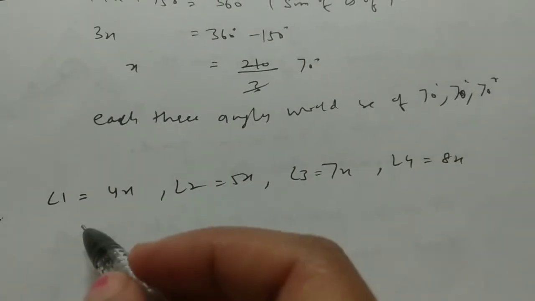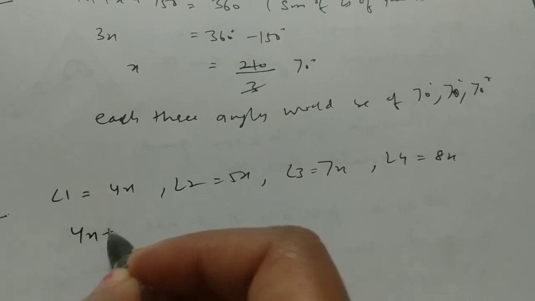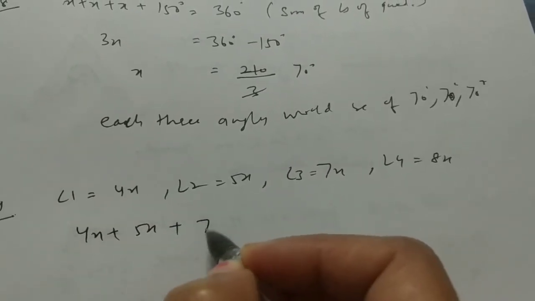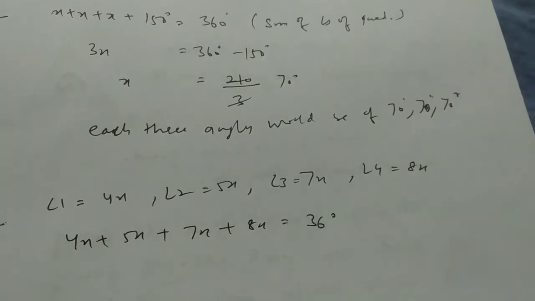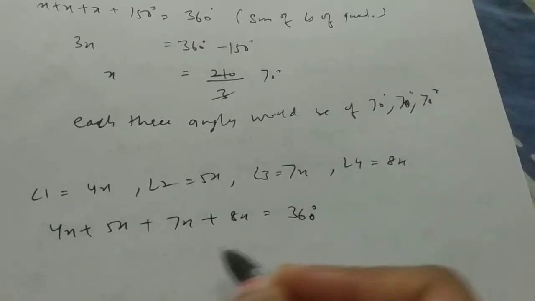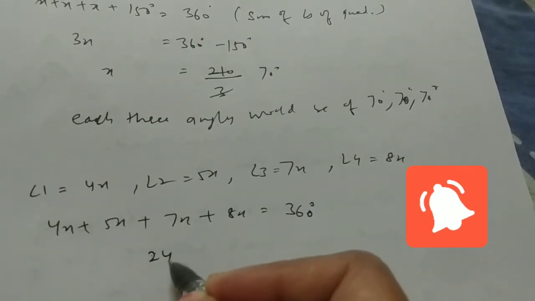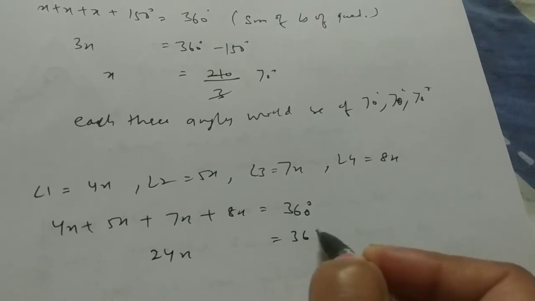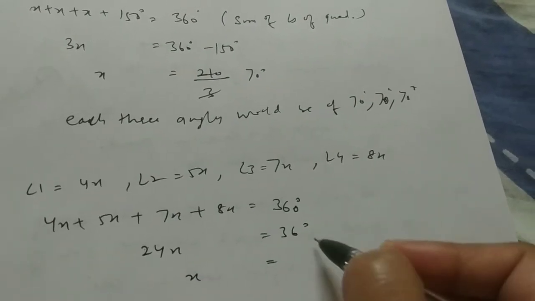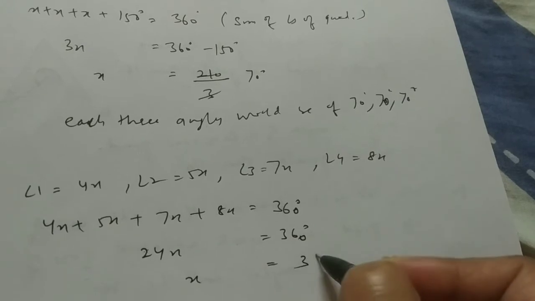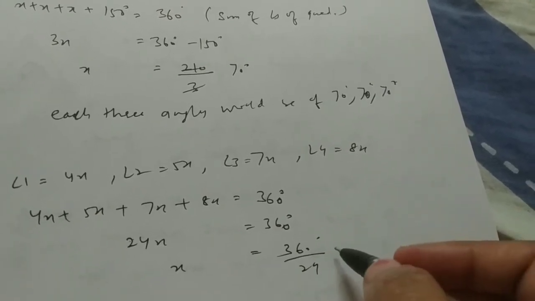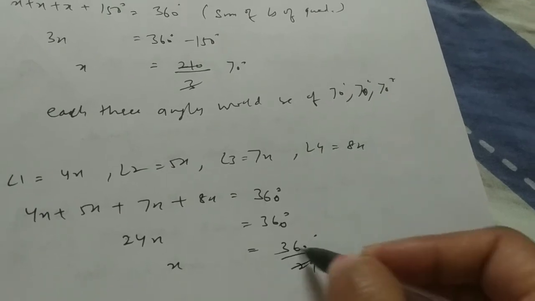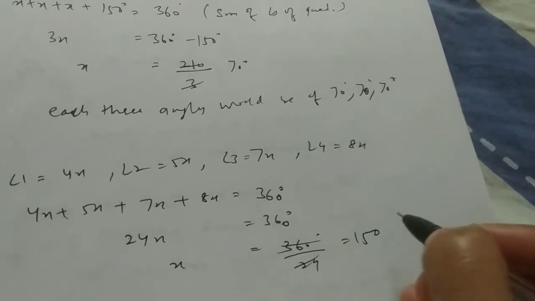So we would write 4x plus 5x plus 7x plus 8x equal to 360 degrees. So 24x equal to 360 degrees. So x would be equal to 360 degrees by 24, which comes out to be 15 degrees.